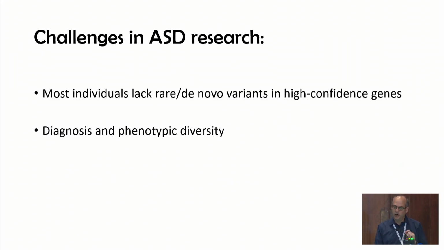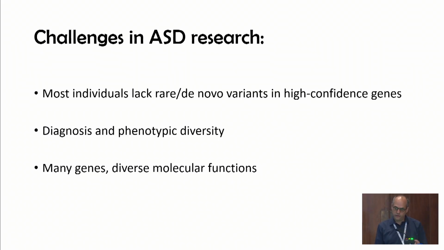There are genes that are more likely to result in an ASD autism diagnosis versus others that are more likely to lead to other developmental disorders. And you also saw that there are many genes involved.